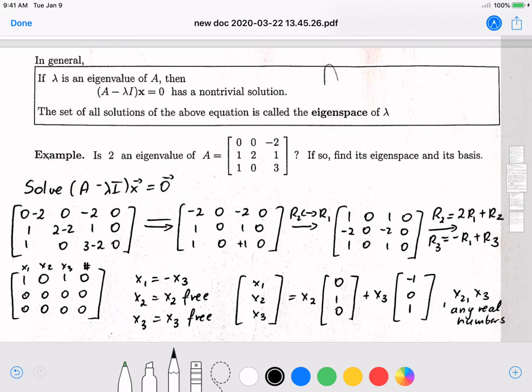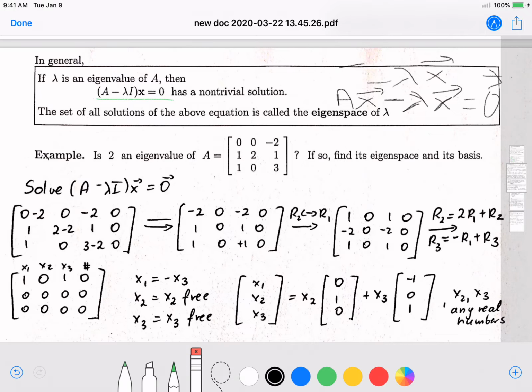Because if we start with Ax is equal to lambda x, now if we bring this over, subtract, we would have that Ax minus lambda x is equal to the 0 vector. So if I factor the x out, I'm gonna have A minus lambda identity, which is nothing else but what I have right here.